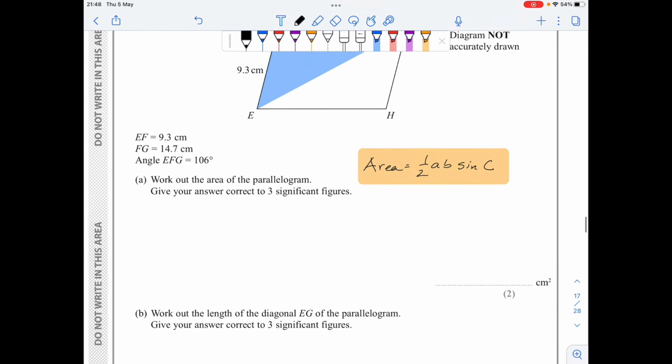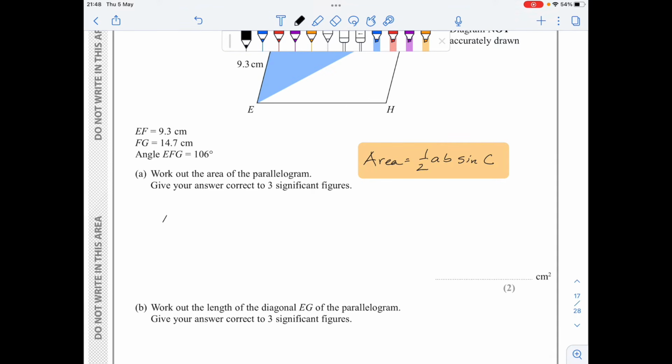So let's plug this into the formula, and we have area equals 1 over 2 times 9.3 times 14.7 times sine of 106, and I'm going to multiply this by 2, and this gives me 131 centimeters squared to 3 significant figures.